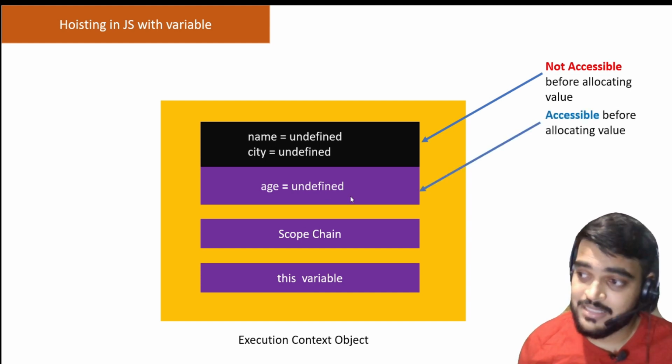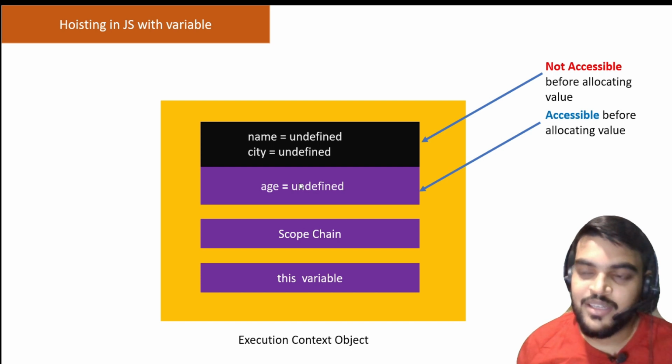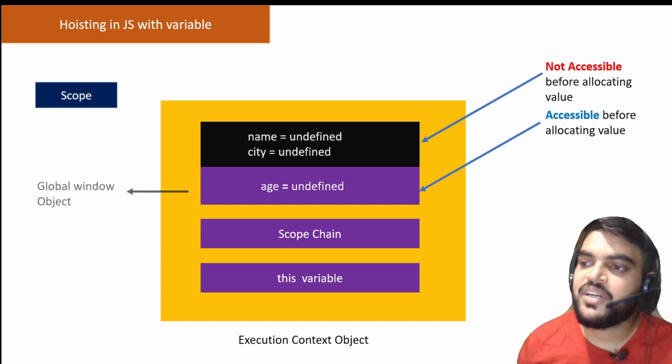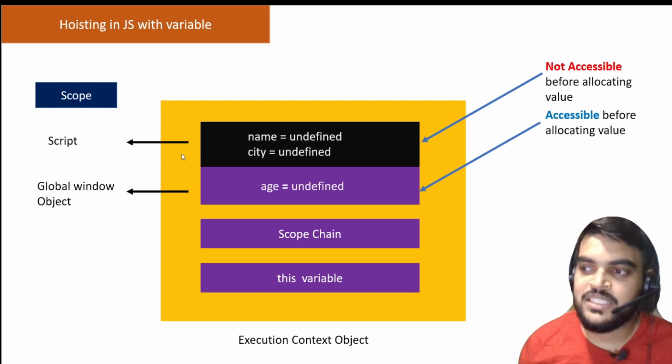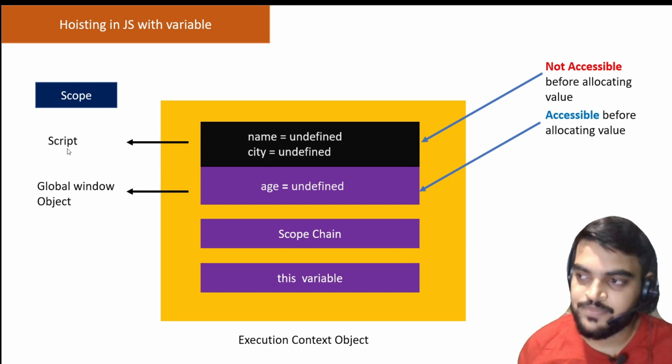Another would be accessible because we have declared it with var, and we have seen it, right? Before declaring it, we can access it because in the creation phase it is already hoisted and added in the window object. But the scope would be different here. This would be part of the global window object, but this would be part of script. I will show you the script in the browser.